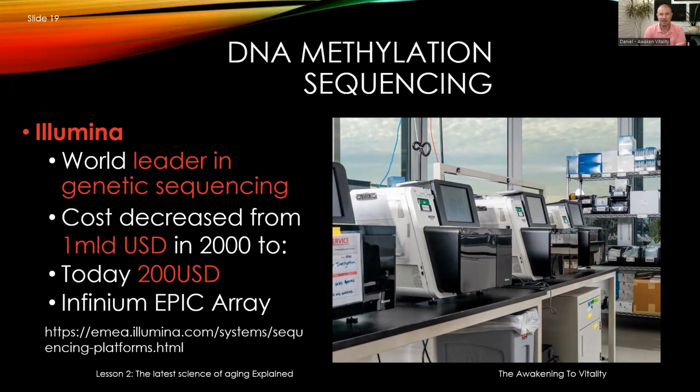As I said, it's a very robust scientific method which is performed on DNA methylation machines, which at the beginning cost around $1 billion US dollars when the whole human genome was first analyzed. And today we are able to perform analysis of the whole human genome for just several hundred US dollars.